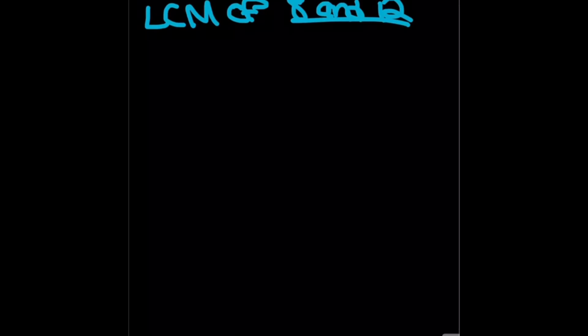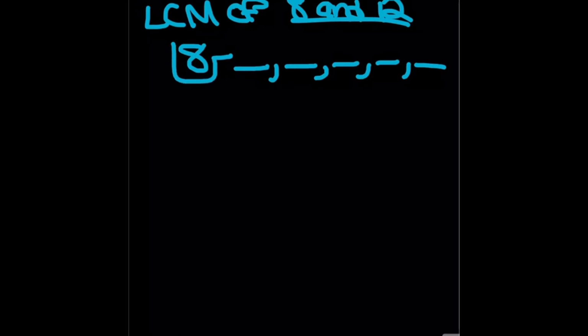So for 8, remember, we find the multiples. We're going to just do 5. You could list the first 5, because usually you get your answer. So remember, 8 is our number. Let's multiply by 2, and we get 16.